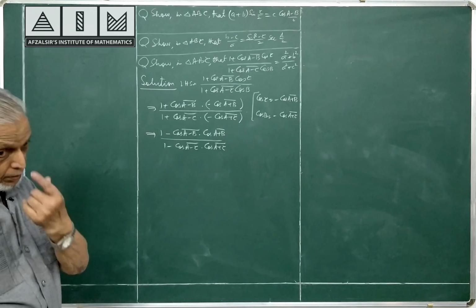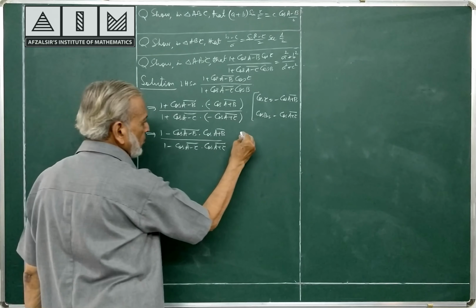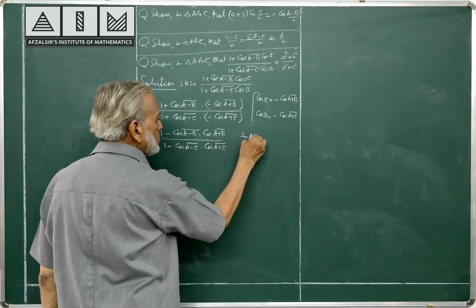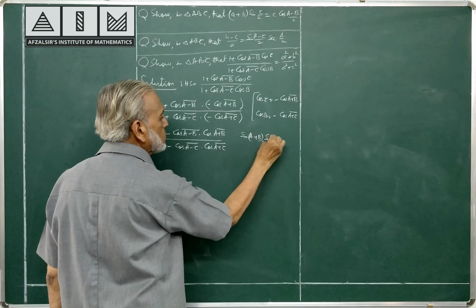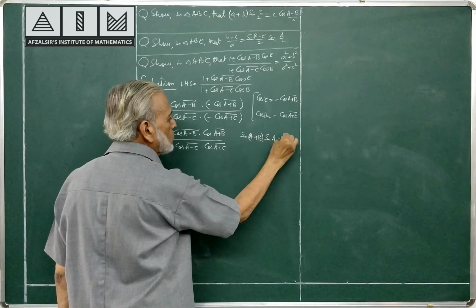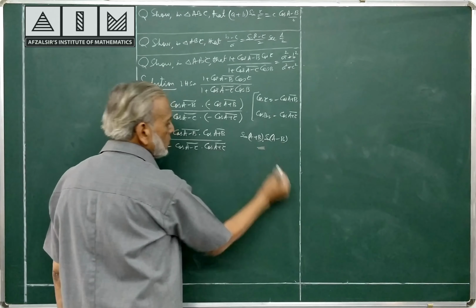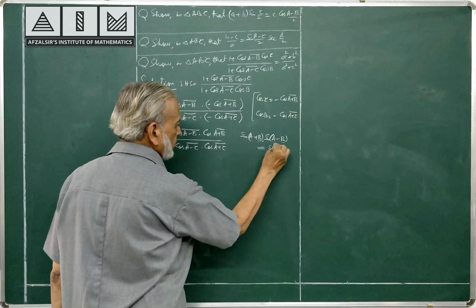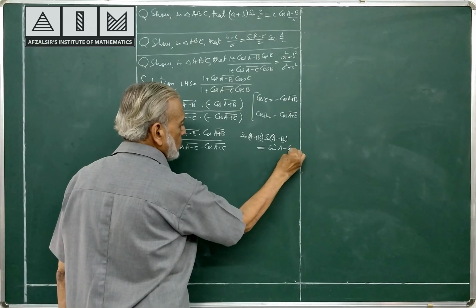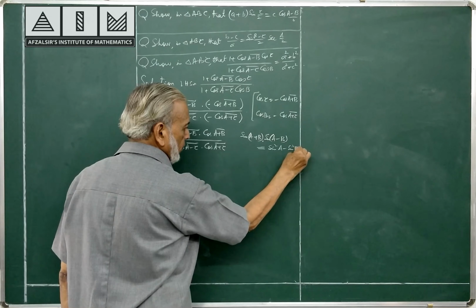Now we have got some formulae in trigonometry which again you have to remember. Please see. Sin(A + B) into sin(A - B) is sin square A minus sin square B. This formula you have to remember.